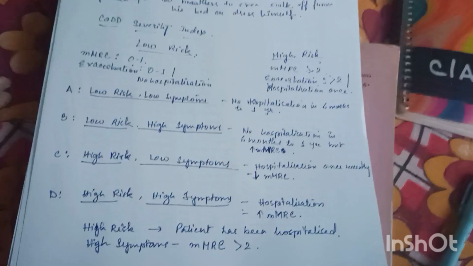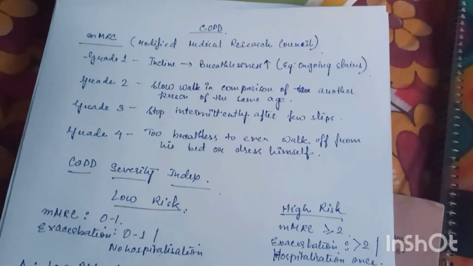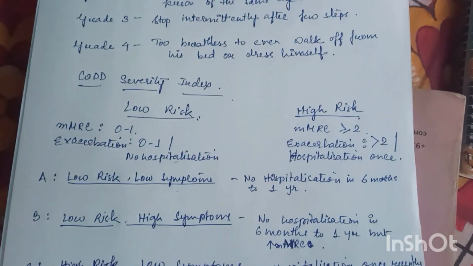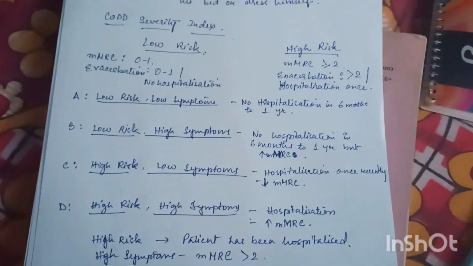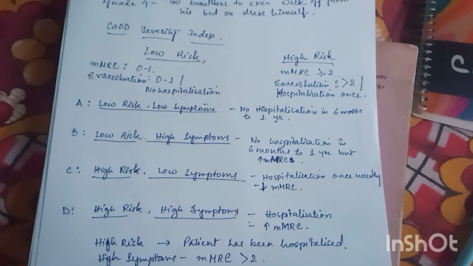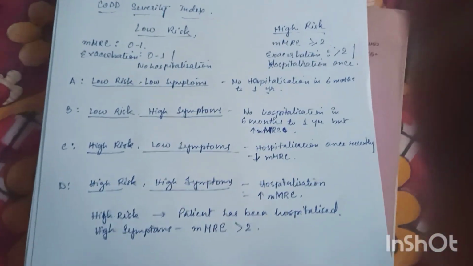Having read about mMRC grading and the COPD Severity Index, now we are ready to know about the treatments. According to the COPD Severity Index, we will differentiate the treatment procedures.